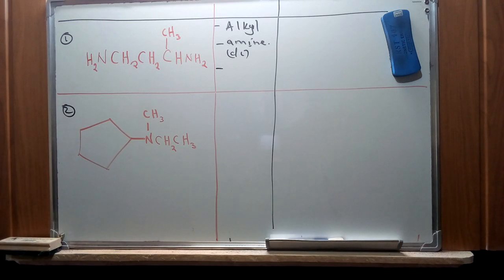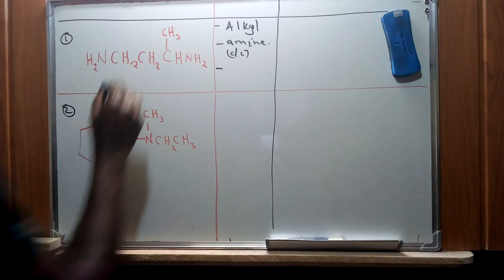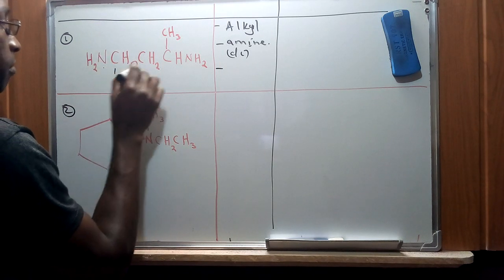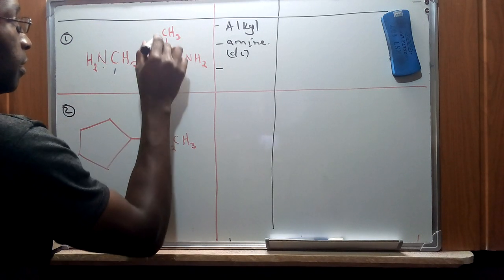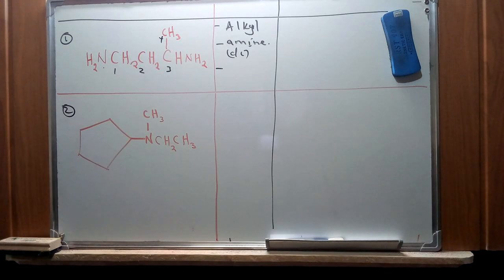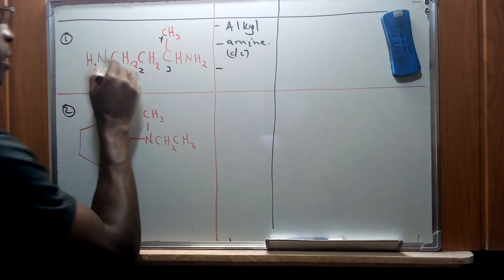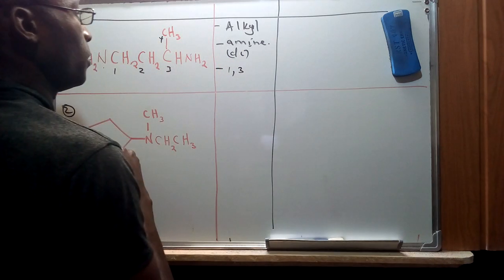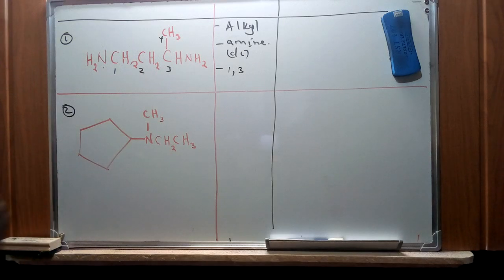Therefore, our chain is going to be the one that we identify like this, starting from here at this point. So carbon number 1, 2, 3, and then 4. In this case, there's attachment of the amine group at carbon number 1 and 3. So that's a diamine that we are talking about.